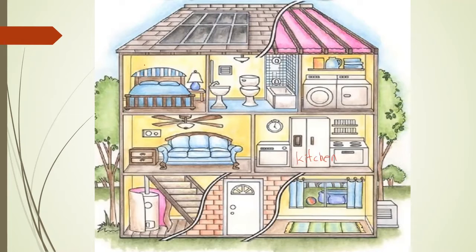So your mom and dad are right here in the bedroom, right? Your mom and dad will know that you are cooking something for them, right? It's because as you cook, or maybe you're baking something here, right?